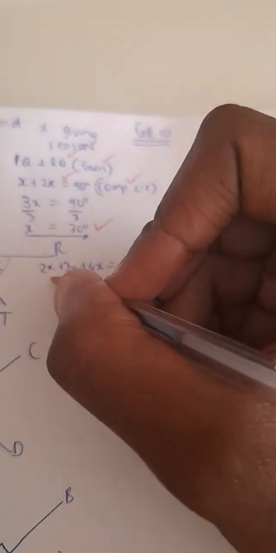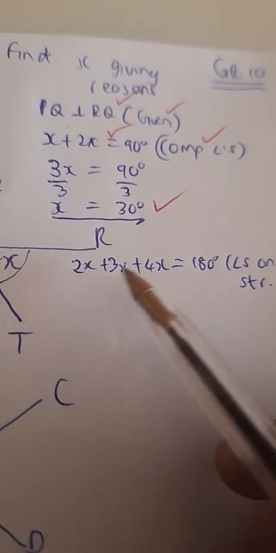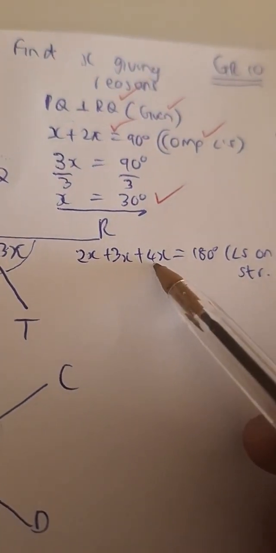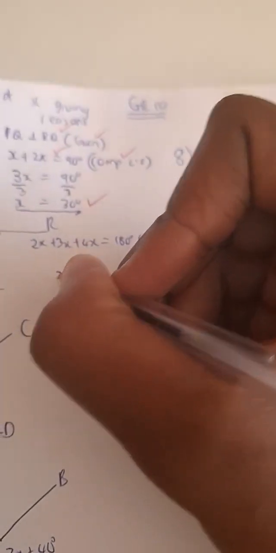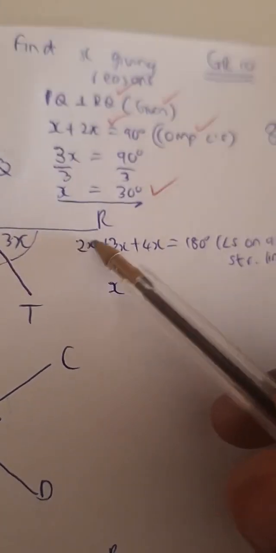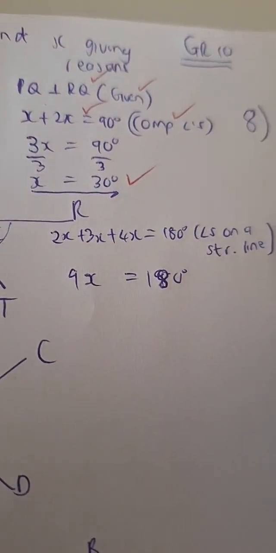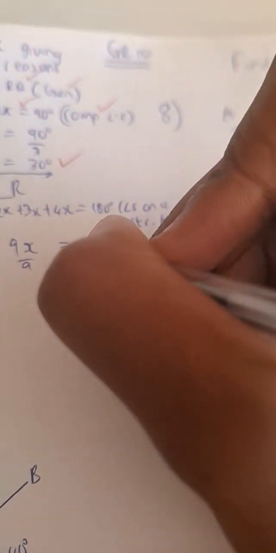Then we solve 2x plus 3x plus 4x. I'm sure you guys know what we do when we're adding like terms. We keep the variable, we add the coefficients. 2 plus 3 plus 4 gives us 9x is equal to 180. We divide both sides by 9.